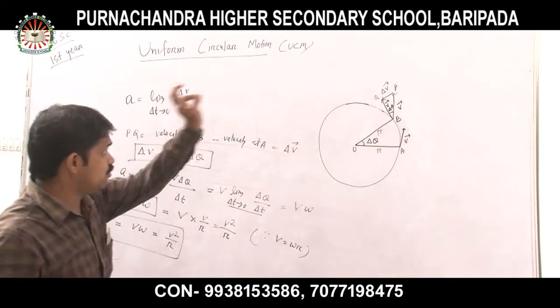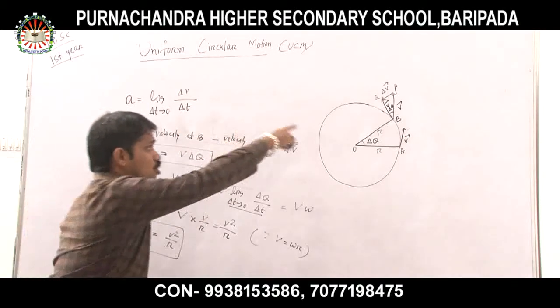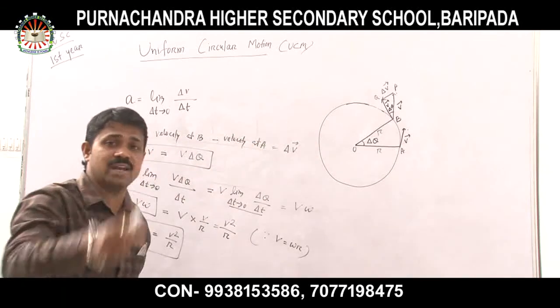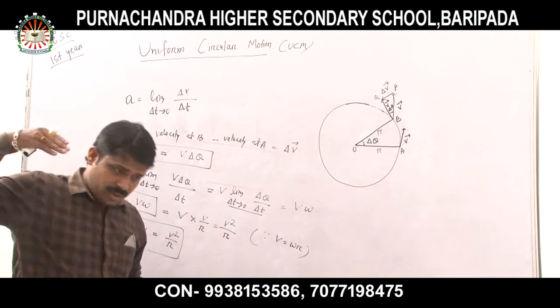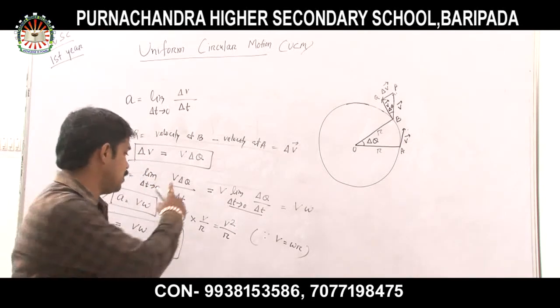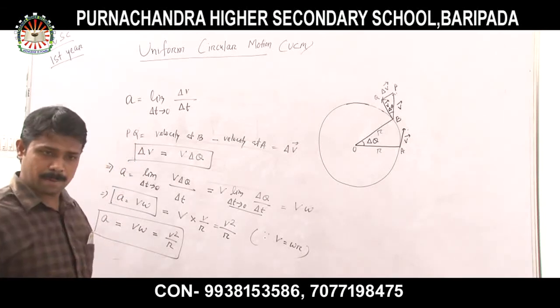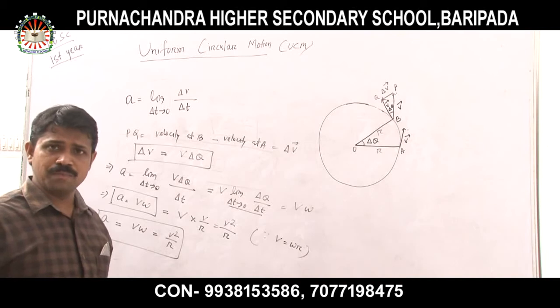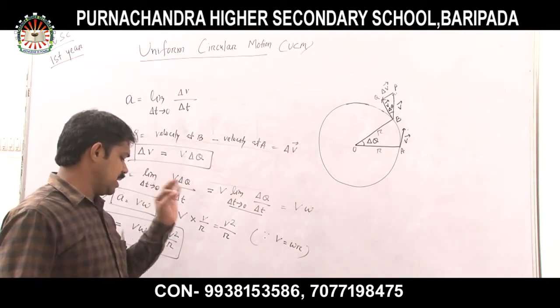That's why from this del V, whatever acceleration I get is always directed towards the center and radially. Clear all of you? Okay, so that type of acceleration is called centripetal acceleration.